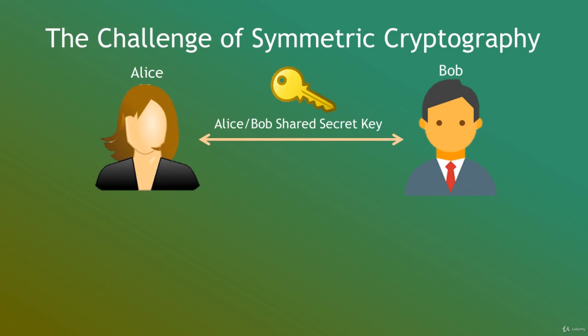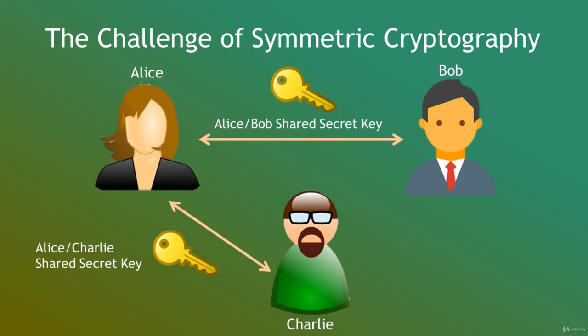If we have three people involved, now we need to change things up a little bit. Alice and Bob can still use the shared secret key to communicate with each other privately. But now Charlie joins the picture and wants to be able to communicate with Alice and Bob. Each person in the group wants the ability to communicate privately with the other members of the group.